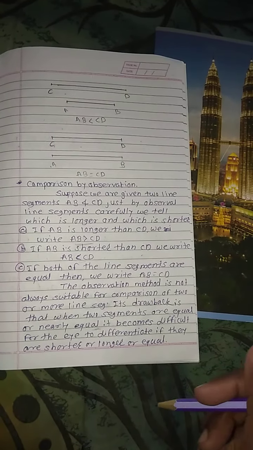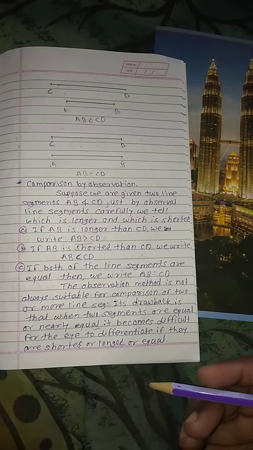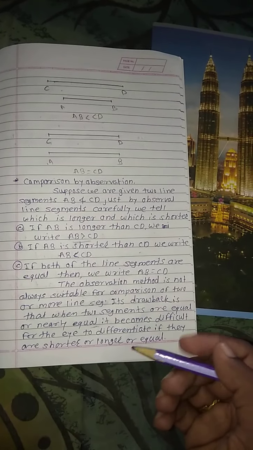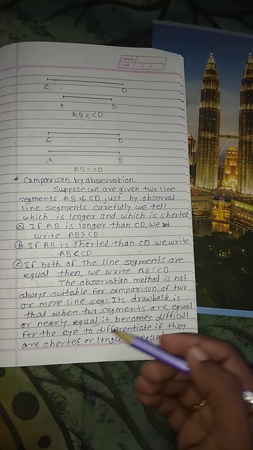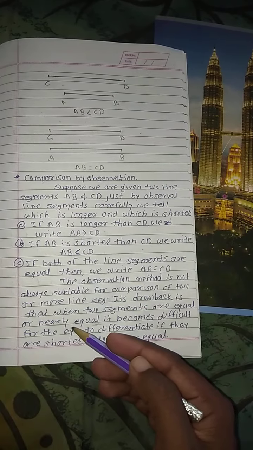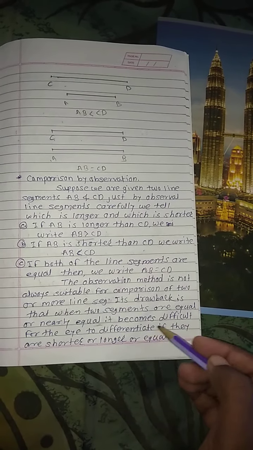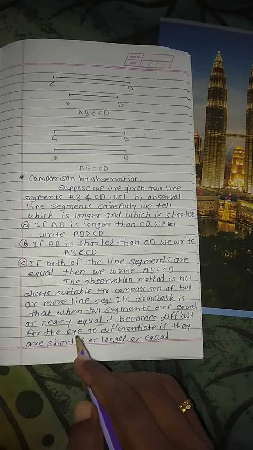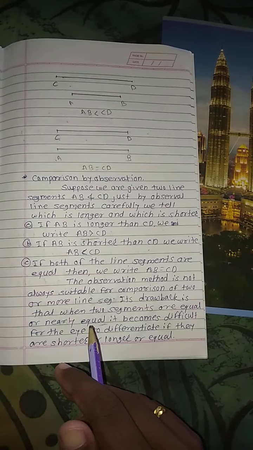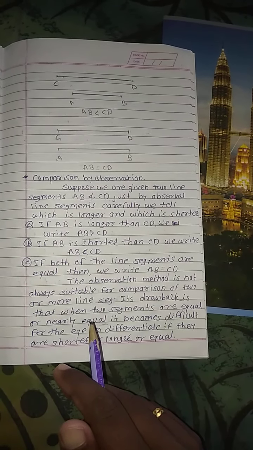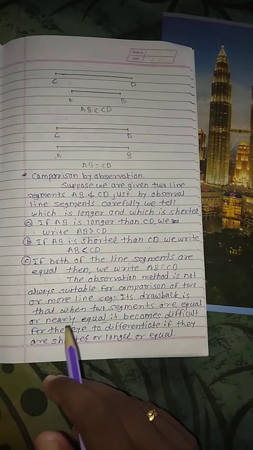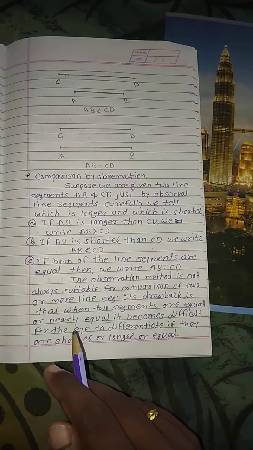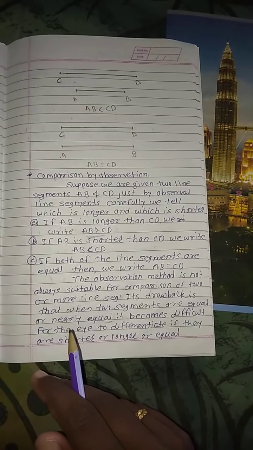Means we cannot say which one is shorter and which one is longer. It is difficult for the eyes to differentiate such figures, and this is one of the drawbacks of observing line segments to say which one is bigger or smaller. I hope you understand this part.